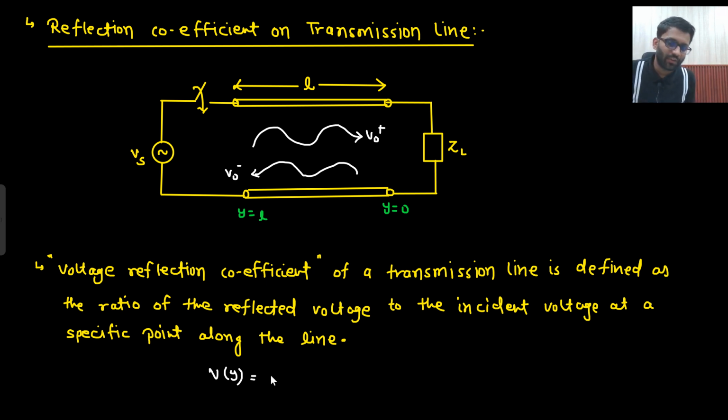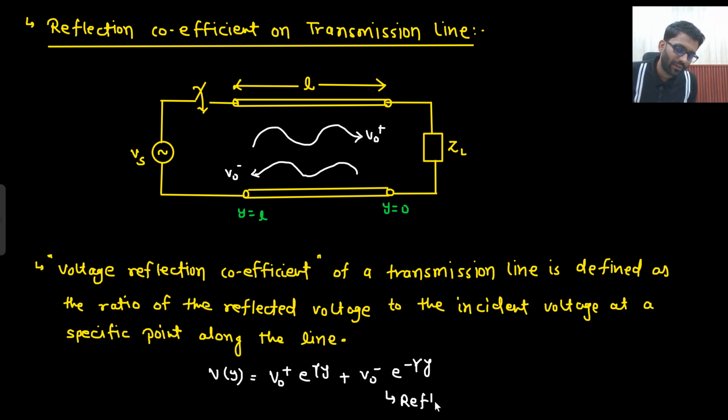Complete V(y) is V0 plus e to the power gamma y plus V0 minus e to the power minus gamma y. Reflection coefficient is the ratio of the reflected wave to the incident wave. This is defined as reflection coefficient at any random point on the transmission line.